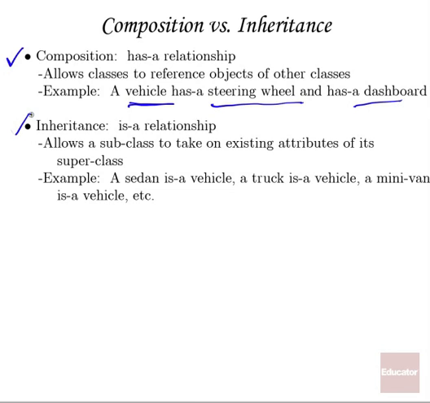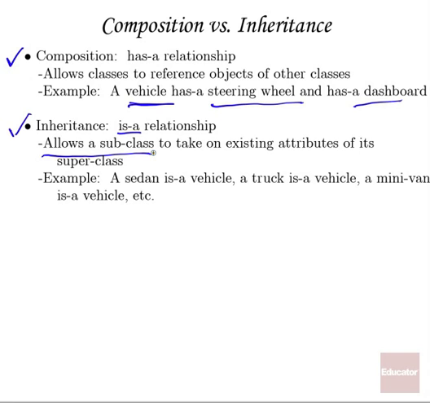Inheritance, on the other hand, is often referred to as an is-a relationship. And so, as we are going to see in some diagrams today, the superclass is where all of the inherited objects below it get all of their attributes and values. And so, inheritance allows a subclass to take on existing attributes of its superclass.